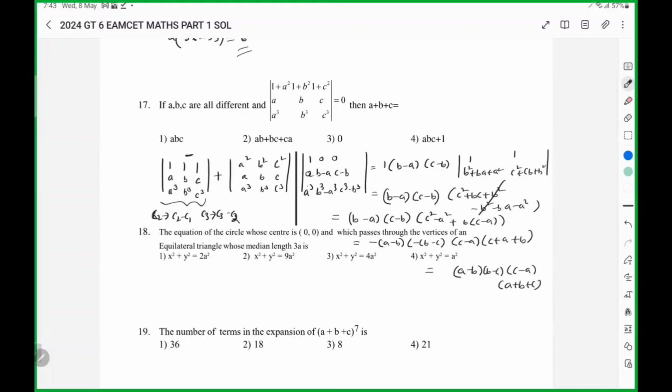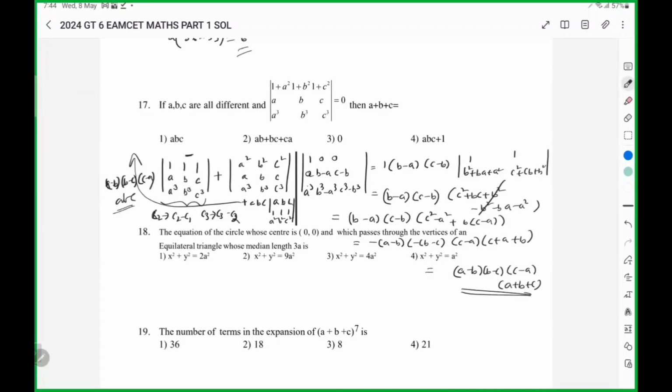The second determinant: if you take A common from the first, B common from the second, C common, you are left with A, B, C, 1, 1, 1, A square, B square, C square. Here if you put A as B, first and second columns, B as C, second and third columns coincide, put A as C, then this will be A minus B, B minus C, C minus A times ABC.